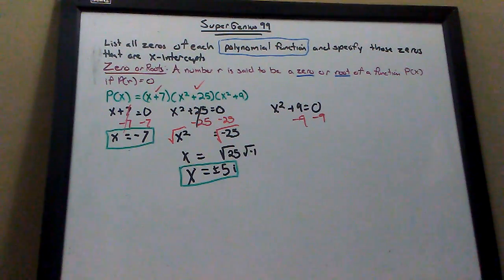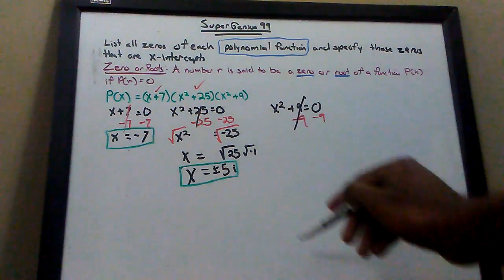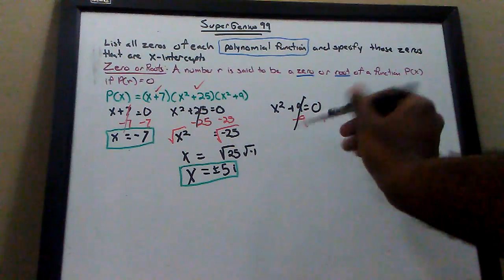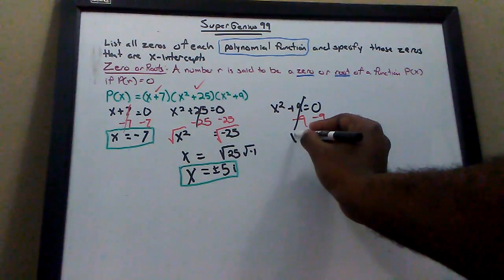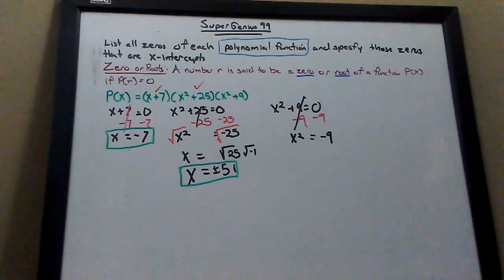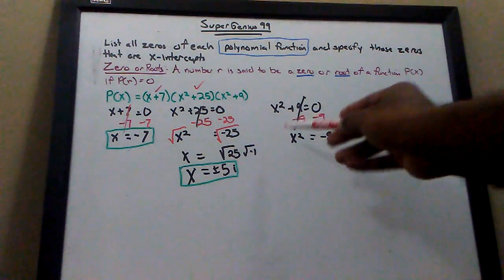Okay, so if you subtract 9 from both sides, plus 9 minus 9 goes away. 0 minus 9 is negative 9. X squared equals negative 9. How do you handle a square? What operation? Yes, square root to both sides.